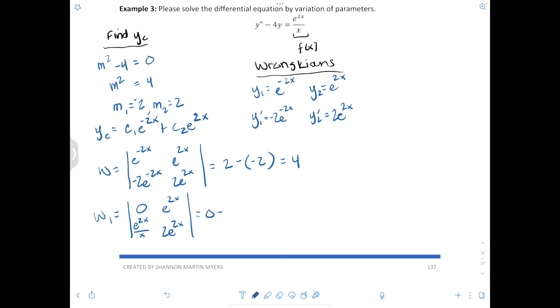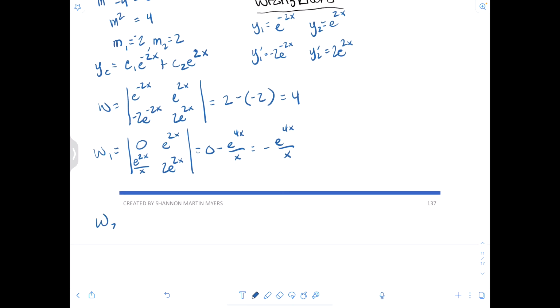That's going to be 0 minus e to the 4x over x, which is negative e to the 4x over x. w2 will be e to the negative 2x, negative 2e to the negative 2x, and then 0 and e to the 2x over x, which will be 1 over x minus 0, which is 1 over x. Cool? All right.